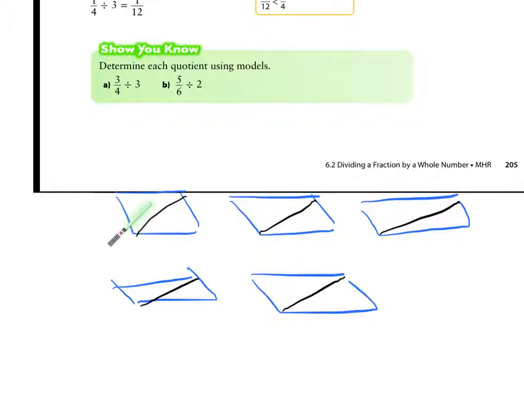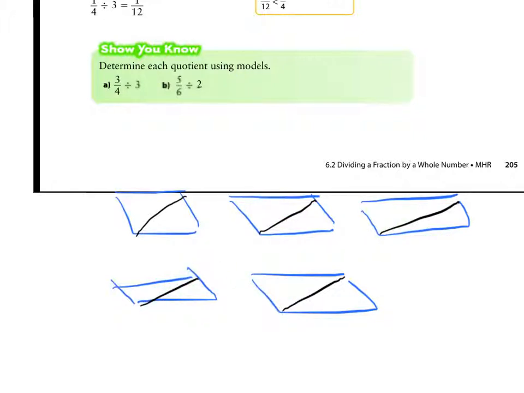And again, the answer is not 1, 2, 3, 4, 5, 6, 7, 8, 9, 10 12ths, because that's equivalent to 5/6. What I want to know is, what is the value of each triangle in these 5/6? Well, there's 1/6 here, 2/6, 3/6, 4/6, 5/6. Or I should say 5/12. 1/12, 2/12, 3/12, 4/12, 5/12.